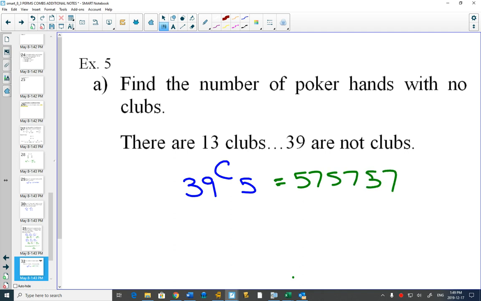Yeah, that's a pretty looking number, don't you think? 575,757 poker hands have no clubs. And we could count that by imagining, hey, if I first take out all the clubs, I'd have 39 cards left. Then if I choose 5, guaranteed not to have any clubs. All right, so we'll continue with this tomorrow.